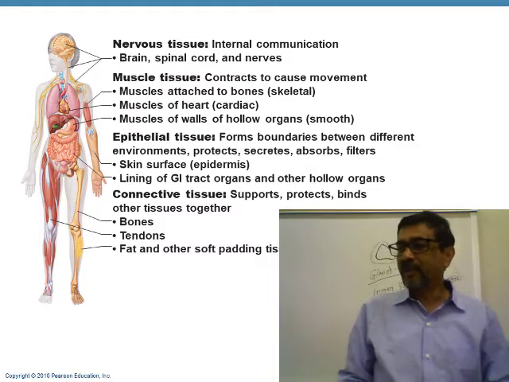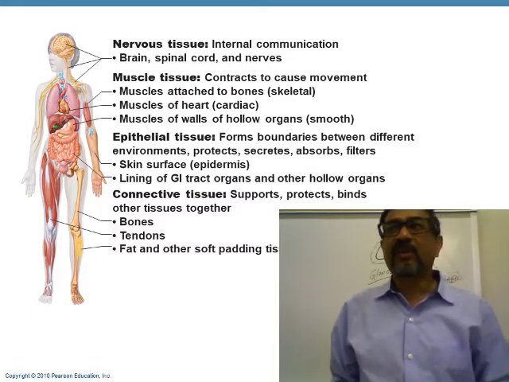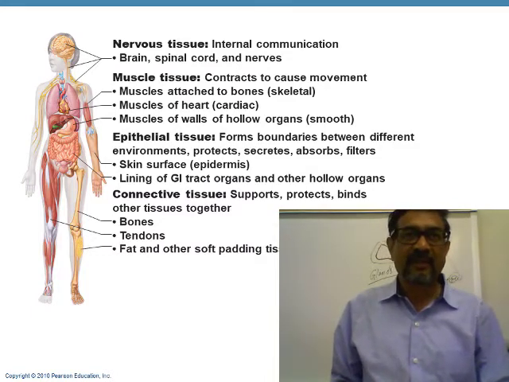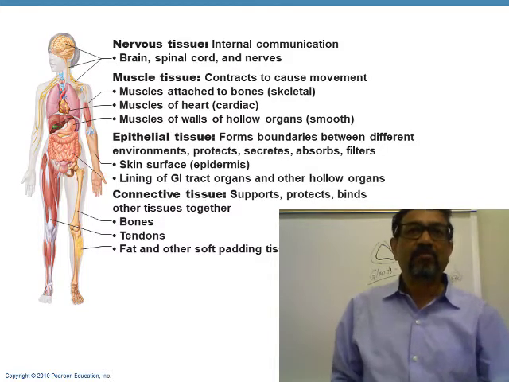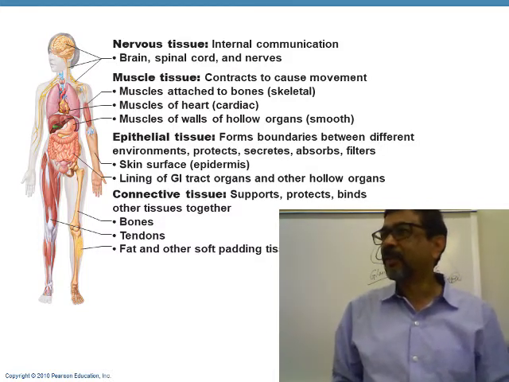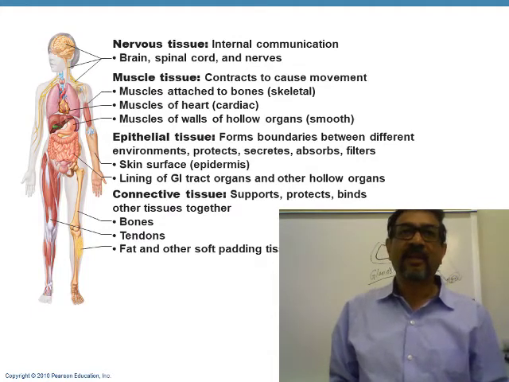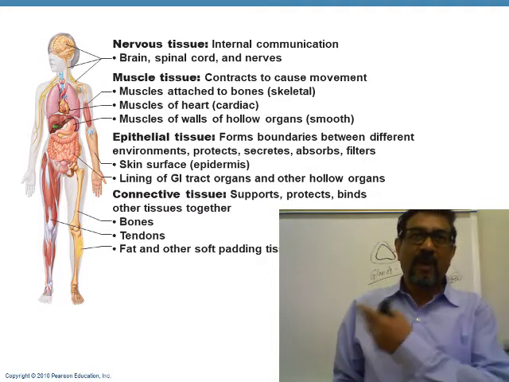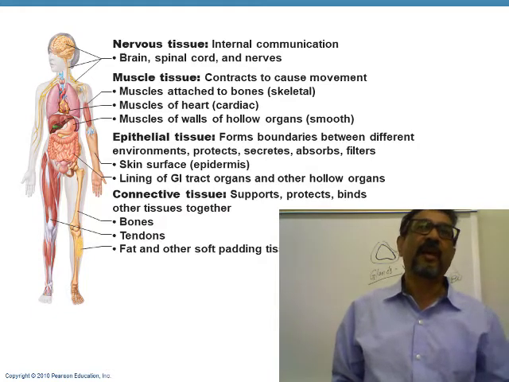So, let me quickly repeat again. Bones, cartilages, fats, right? Blood, which is a special type of connective tissue, tendons, ligaments, bursa or capsule of the joint, all those are connective tissue.